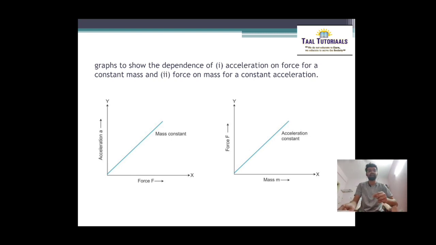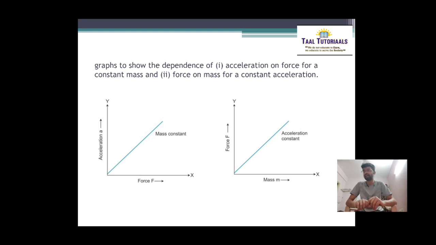Here I am showing you graphs to show the dependence of acceleration on force for a constant mass, and of force on mass for a constant acceleration. First, the acceleration produced in a body of a given mass is directly proportional to the force applied on it, so a is directly proportional to F. The first graph shows that a graph plotted for acceleration a against F is a straight line.